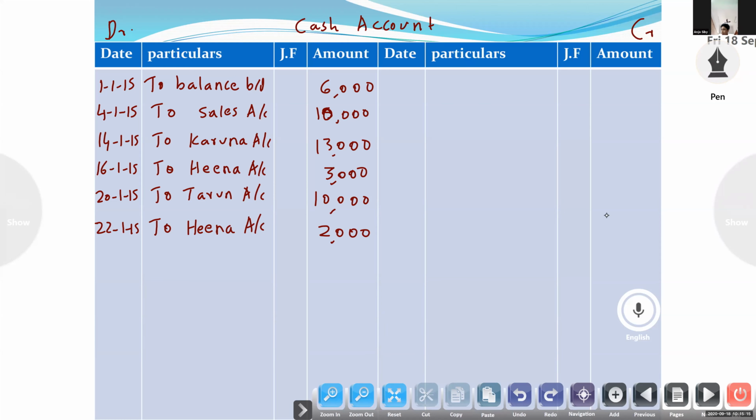25th. Where do I have to write it? Credit side. Okay, 25th, by Rupali. Yes, by Rupali account.